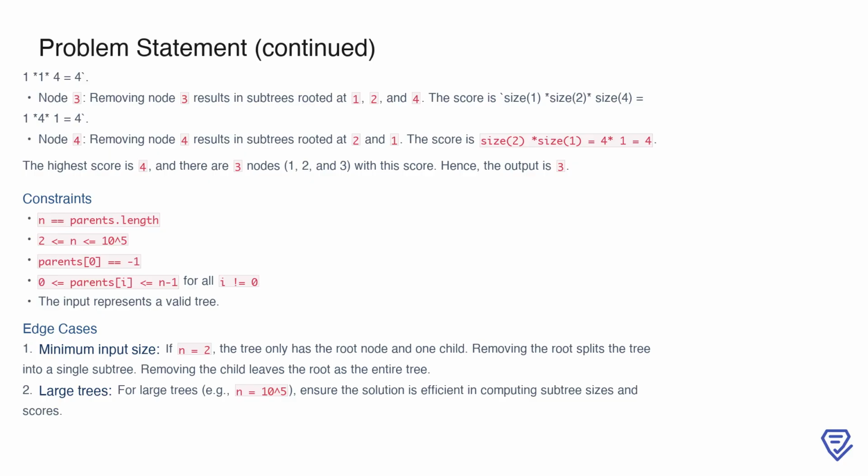These have sizes 1, 4, and 1, respectively, giving a score of 1*4*1 equals 4. For node 2, removing it creates subtrees rooted at 1, 3, and 4, with sizes 1, 1, and 4, resulting in a score of 1*1*4 equals 4. Similarly, for nodes 3 and 4, the scores are also 4. Since the highest score is 4, and nodes 1, 2, and 3 achieve this score, the output is 3.